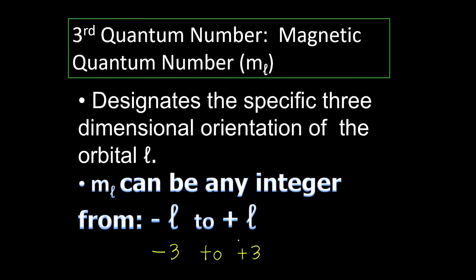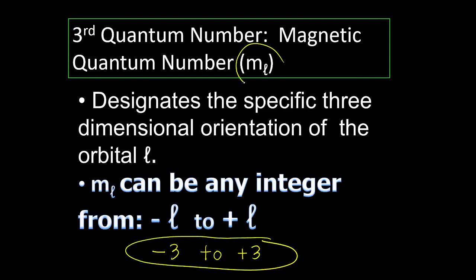Mao ni mga values nato nga i-answer sa magnetic quantum numbers. These are numbers from negative 3 to positive 3. So, pwede negative 2, pwede negative 1, pwede 0, pwede positive 1, pwede positive 2. Depende na sa given nato later.